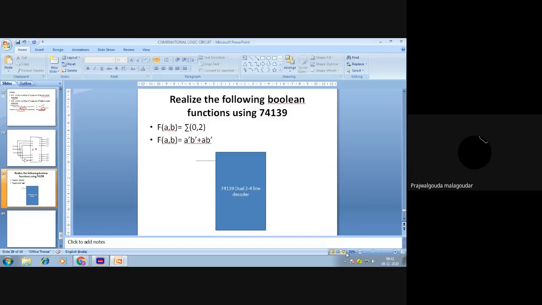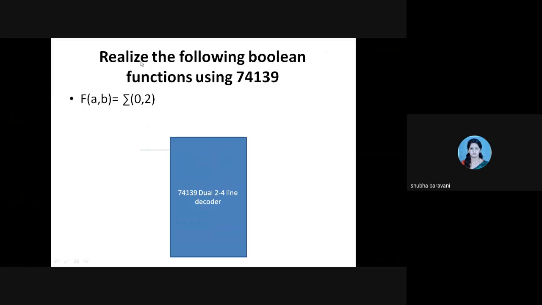Explain once again, ma'am. Okay. See, summation 0, comma 2. It means I have 0 0, 0 1, 1 0, 1 1. This is min term 0, min term 1, min term 2, min term 3.